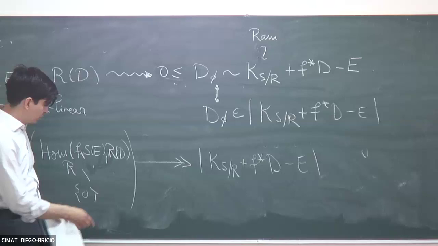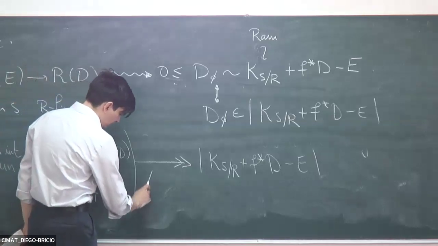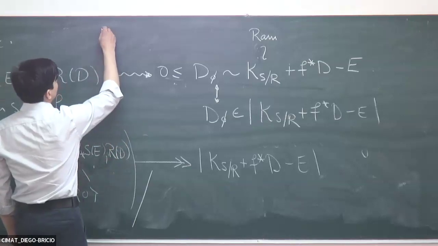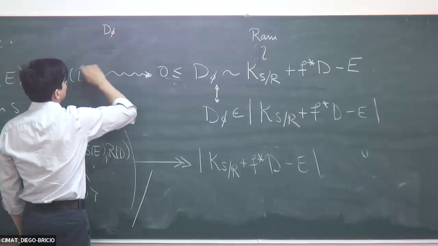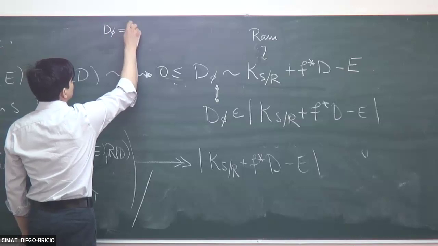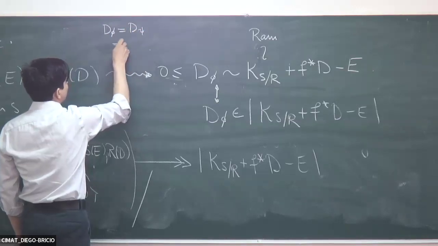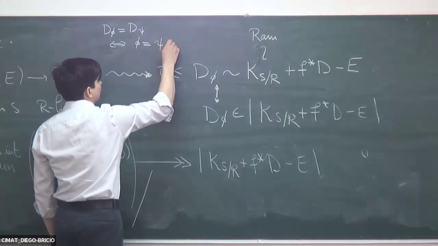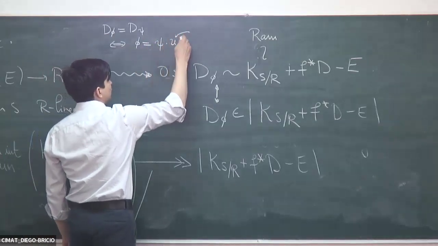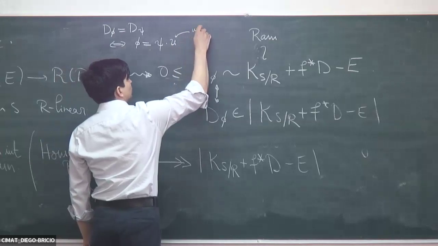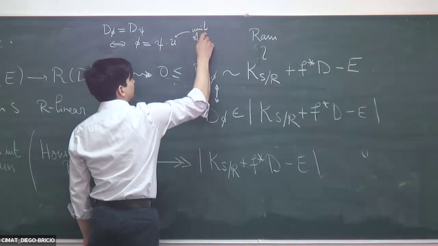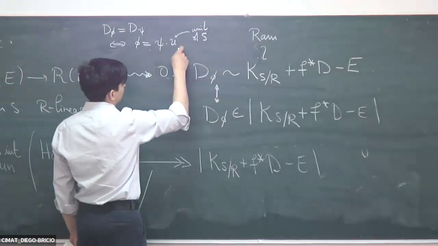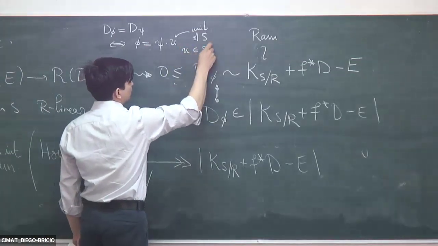But the point is, let me write it down over here, D phi equals D psi if and only if phi equals psi times a unit, a unit of S. So in other words, u belongs to S times.